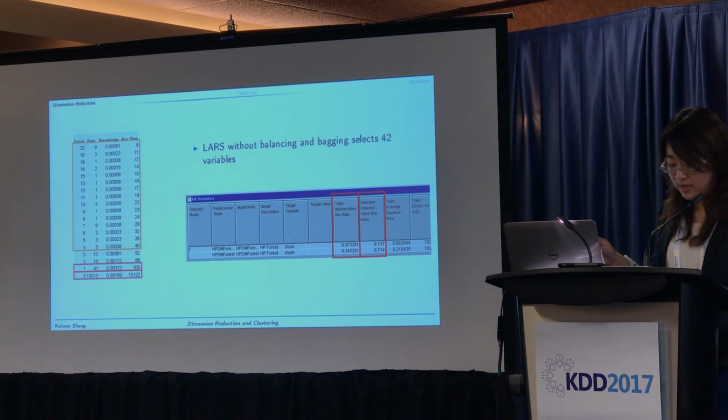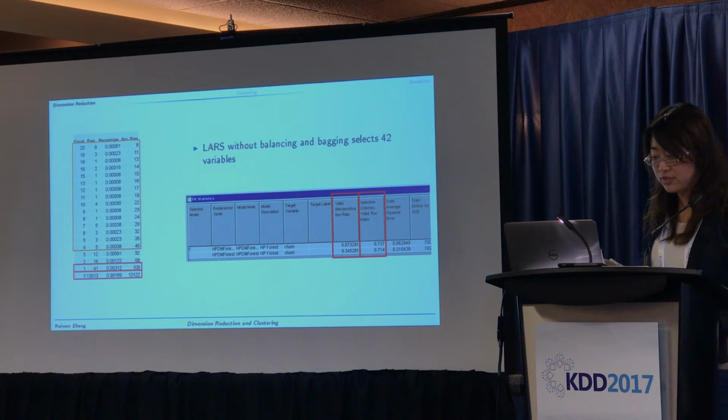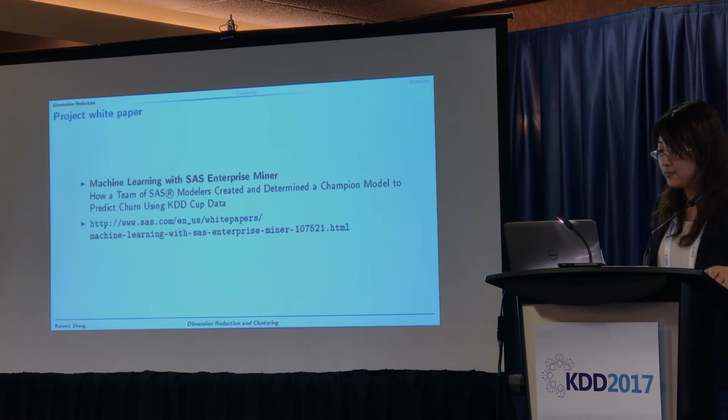And the conventional method misclassified 34.5% in validation data, which is almost 5 times higher than the ensemble variable selection method. If you're interested in more details about this project, you can download this white paper.